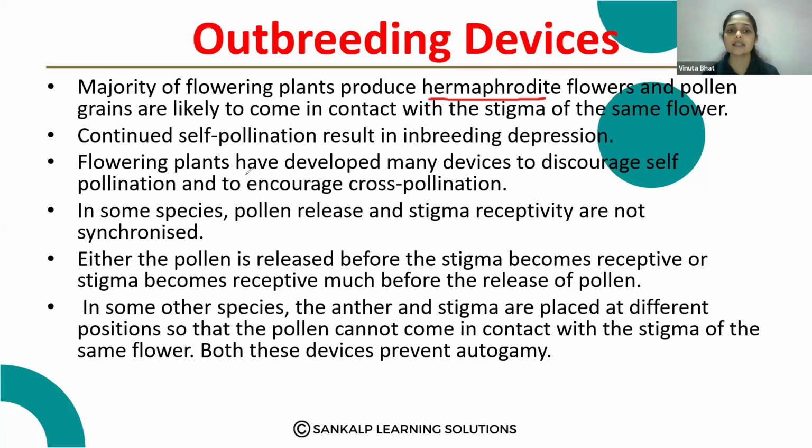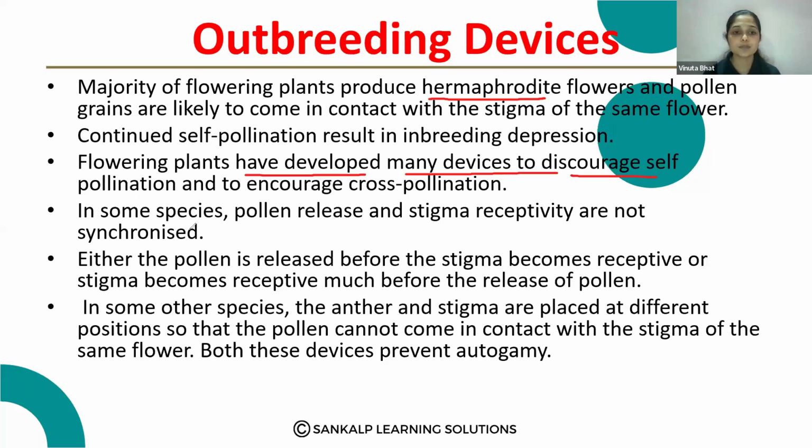So the flowering plants have developed many devices to discourage self pollination and encourage cross pollination, to avoid inbreeding depression. These are called outbreeding devices.